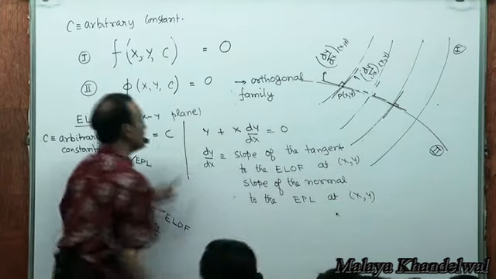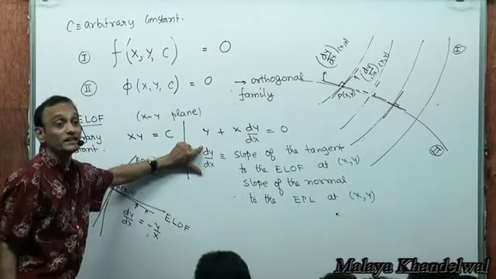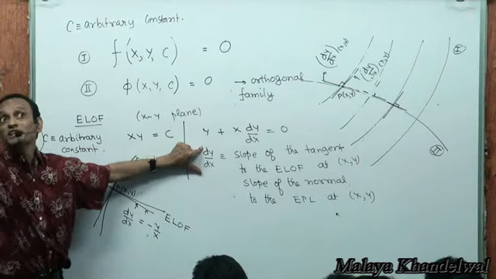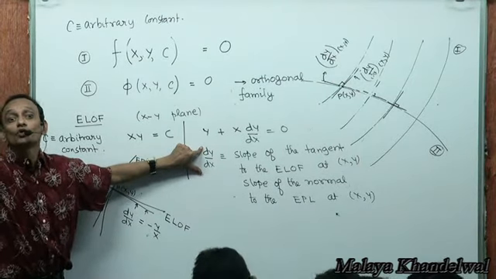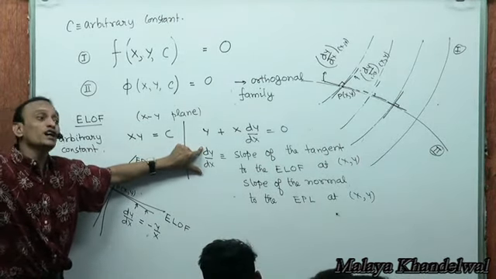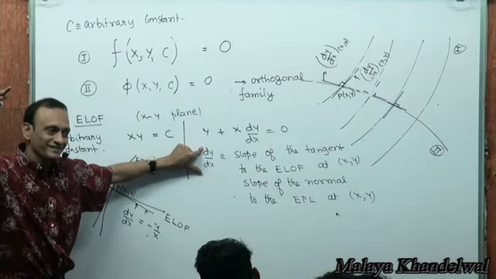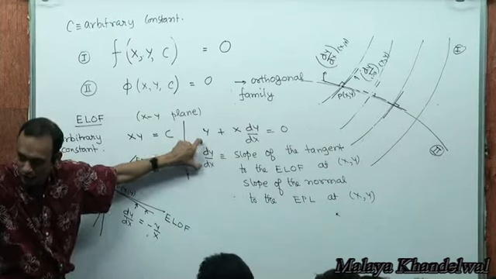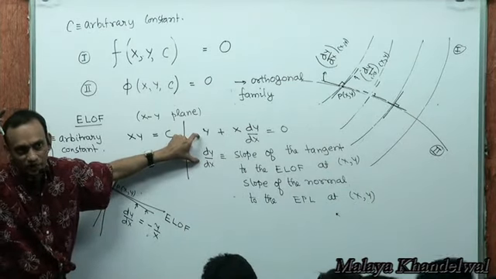So what does this dy dx represent? Slope of the tangent to the electric line of force, which will also be the slope of the normal to the equipotential line, right? This is the slope of the normal to the equipotential line. Are you all there with me on this?